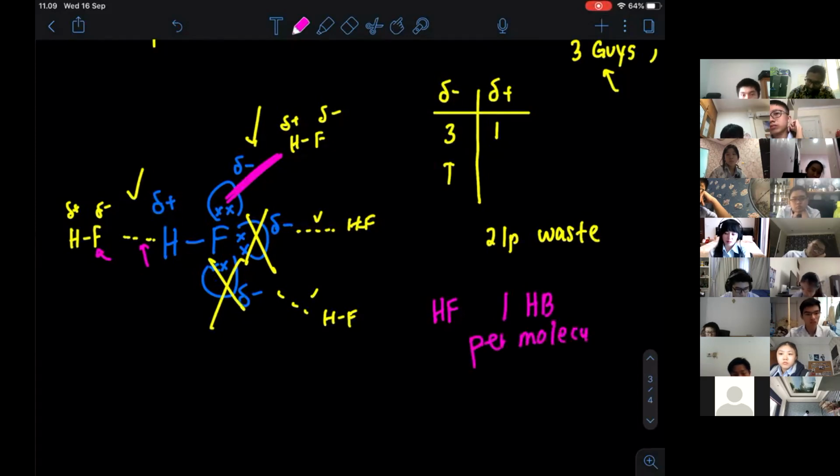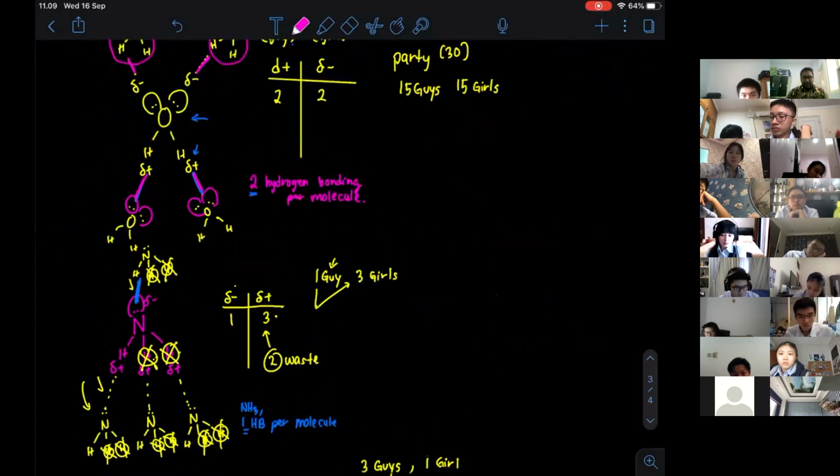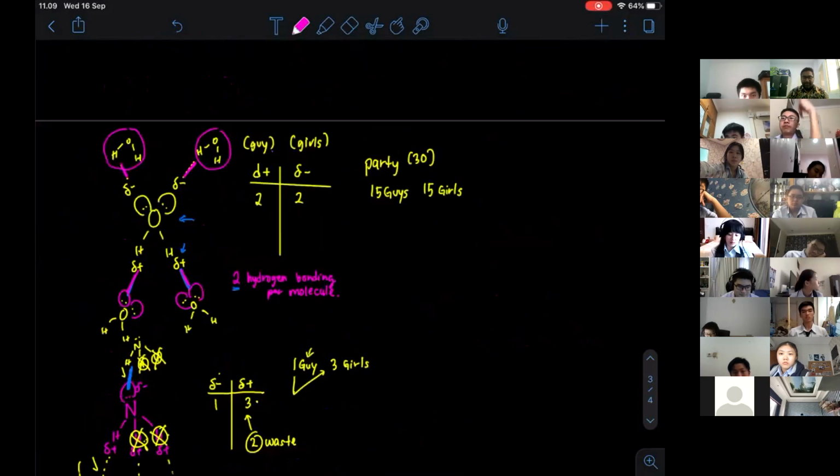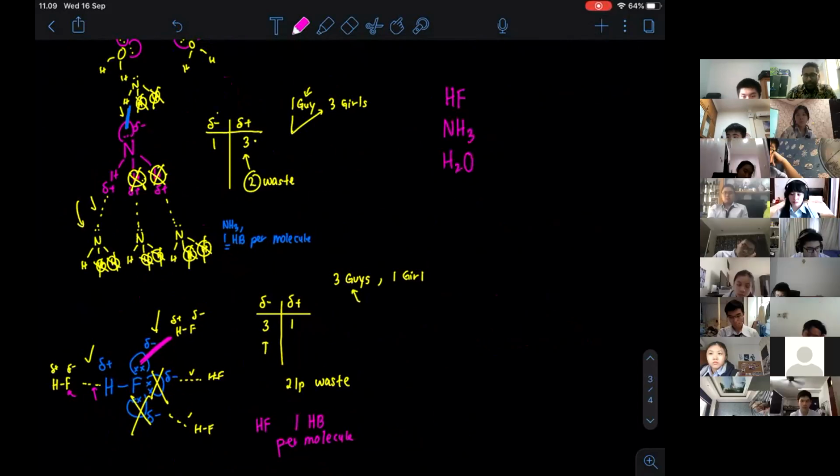So in summary, based on this explanation, if you have HF, NH3, and water, water will have two hydrogen bonds per molecule.